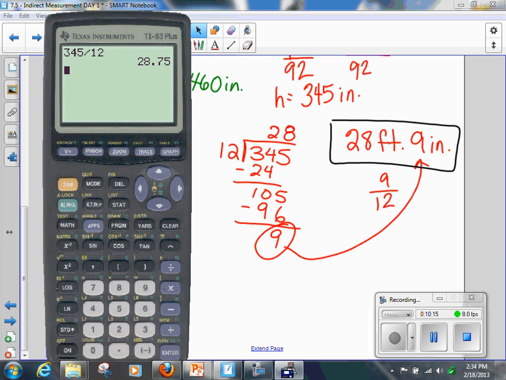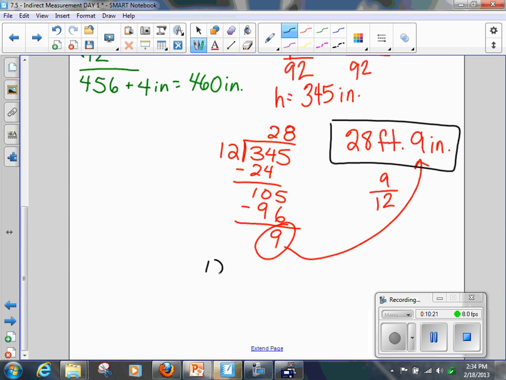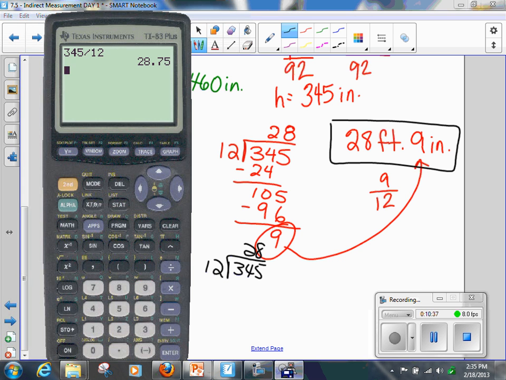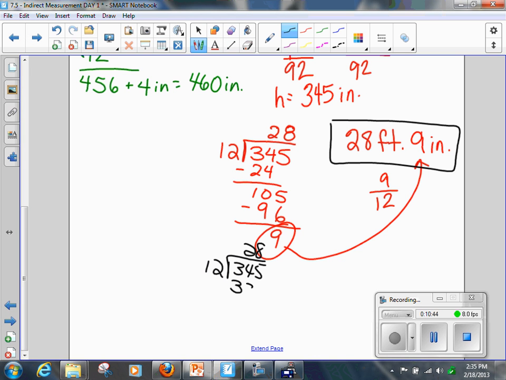All right, I cannot have 28.75. So what I would do at this point is go, okay, old school, 12 into 345. I know it goes 28 times. If I don't know immediately that 0.75 represents 9 inches of the 12, then I would go 28 times 12 is 336.